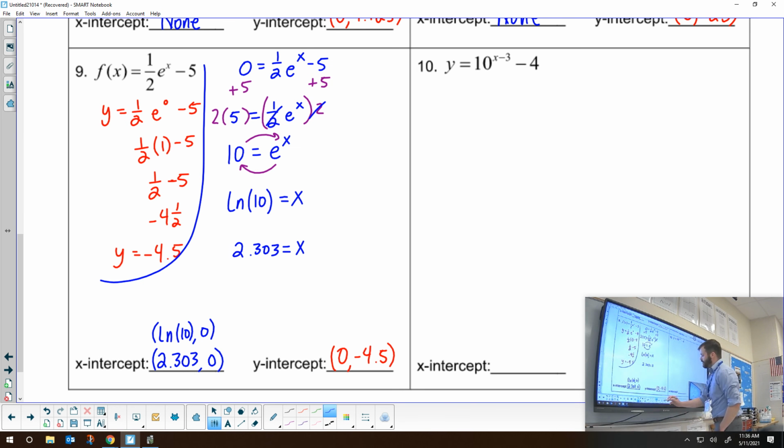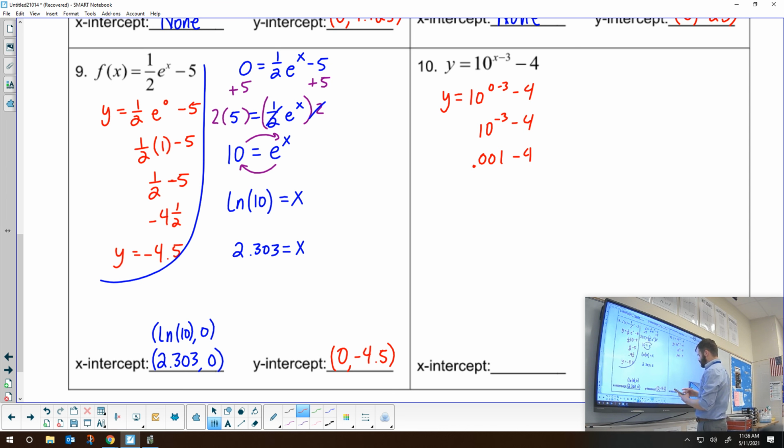Start off, plug 0 in for x. So y equals 10 to the 0 minus 3, minus 4. We get 10 to the negative 3 minus 4. 10 to the negative 3 is going to be 0.001 minus 4.